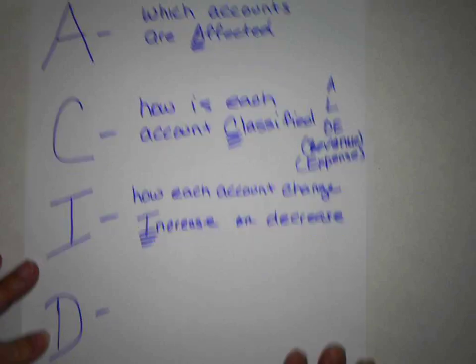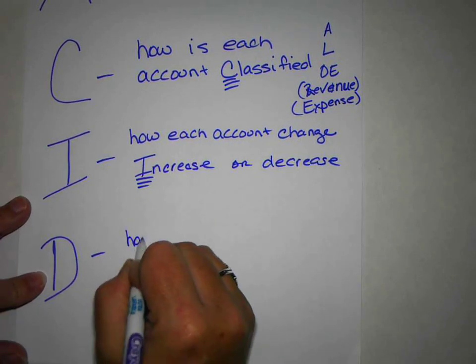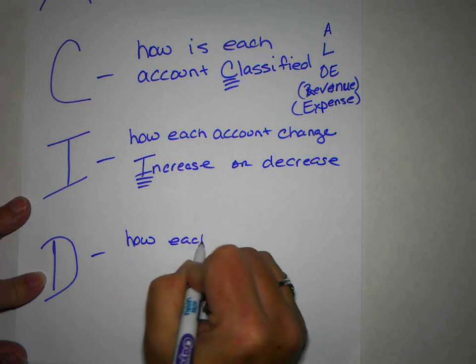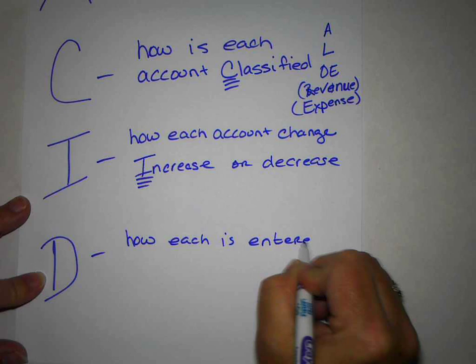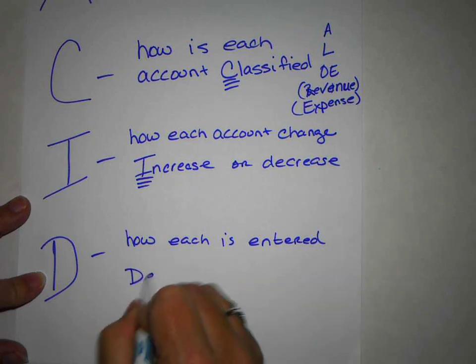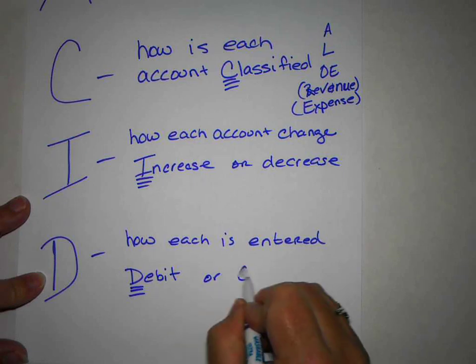And the D is how each is entered. So is it a debit? There's your D. Or is it a credit?